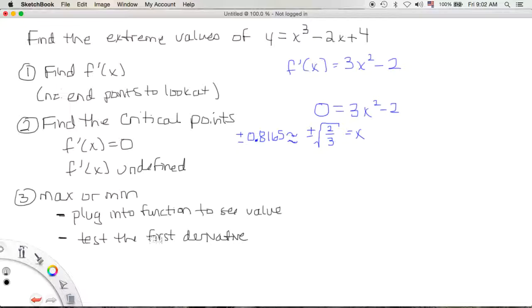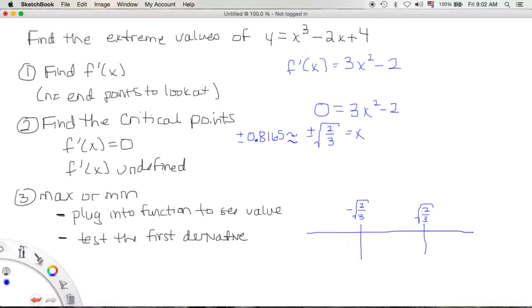I prefer that one because it's easier. So the way we do that is you just make yourself a little chart here and put your values on it. So this is the square root of 2/3, just like a number line. That's what you're making, a little number line. So we've got the positive square root of 2/3, which is approximately 0.8165, and the negative square root of 2/3, which is approximately negative 0.8165.